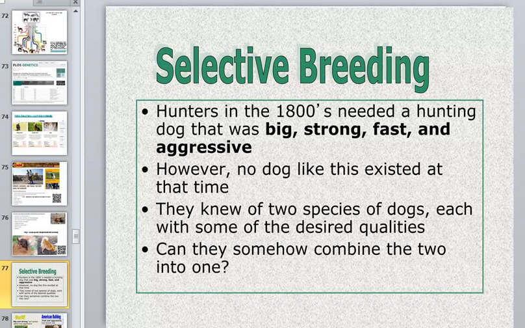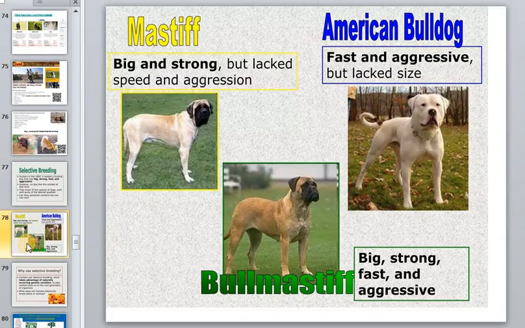If you want an aggressive dog, you should breed it. However, no single dog like this existed at that time, so they took two species of dogs with some of these qualities. Can you somehow combine the two in one? Of course you can: take a Mastiff and an American Bulldog, and you make the Bull Mastiff, a big, strong, fast, and even aggressive dog.